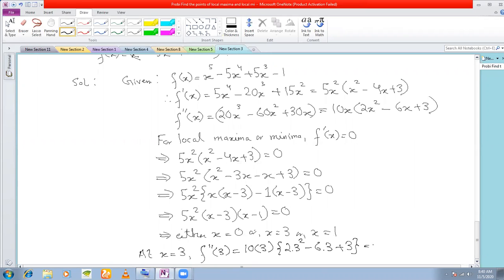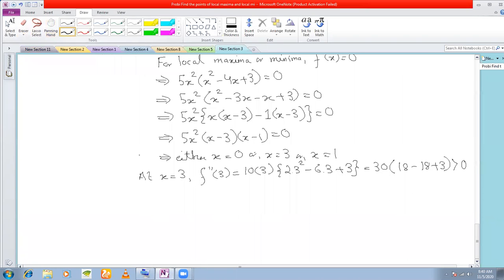Okay, so you get 30 into 18 minus 18 plus 3. Positive or negative? Positive. Therefore, x is equal to 3 is the point of local what? Minima.